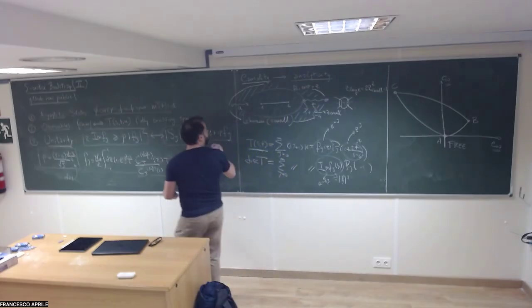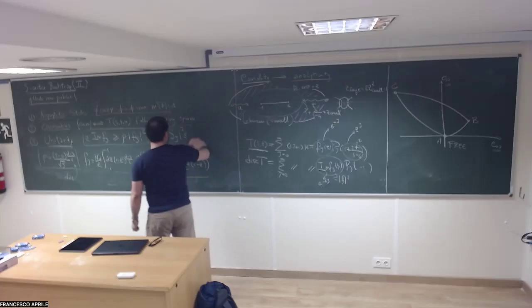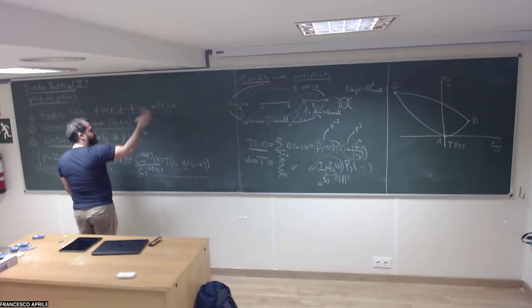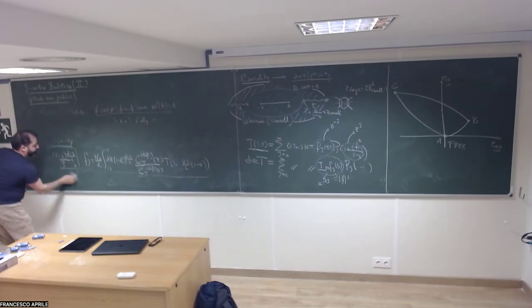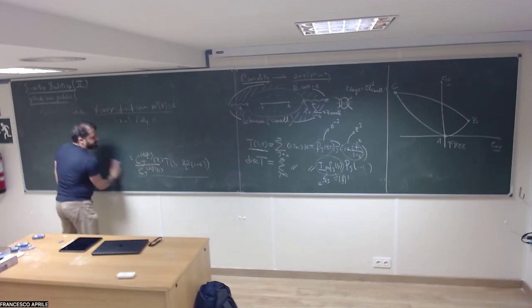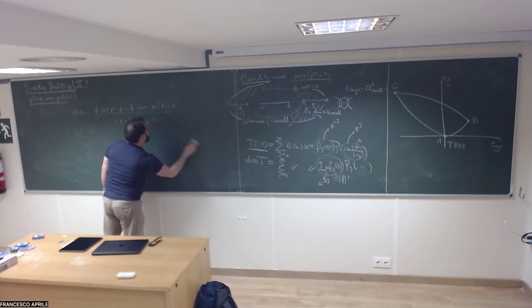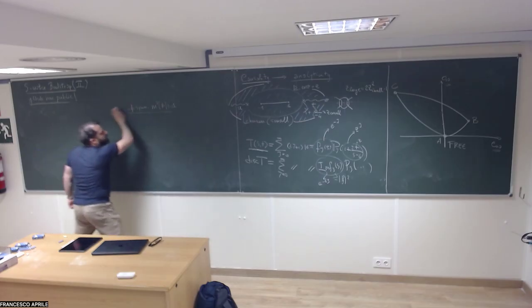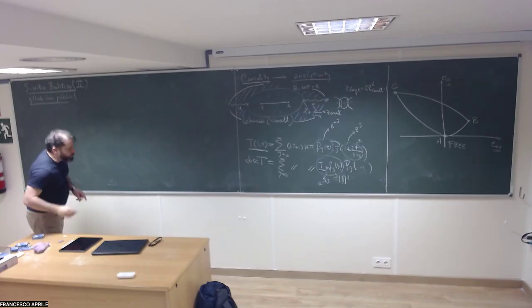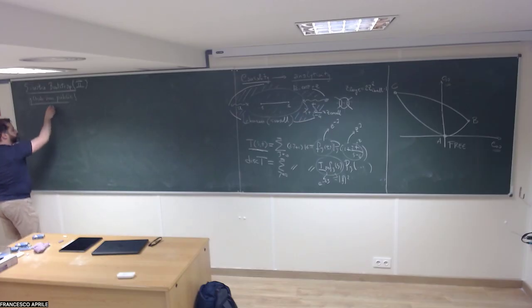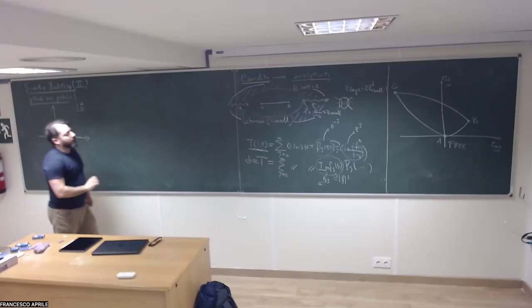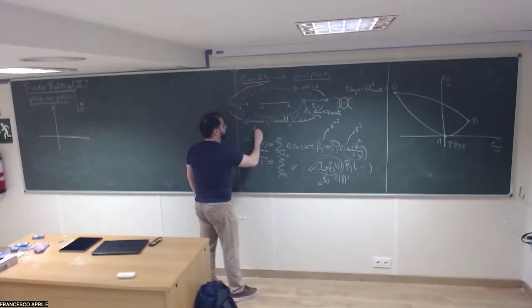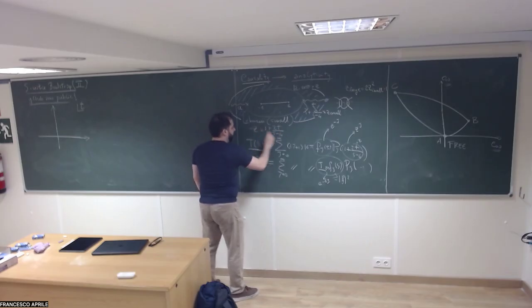Just to give you a sense of how the story ends. I will not give you the details from here to the end of the story, but just the end of the story. So what Martin proved, and this is literally the status right now, because I don't know anybody who understands the paper by Martin, is that eventually, if you now take t, I remind you, z is 1 plus 2t divided by s minus 4.